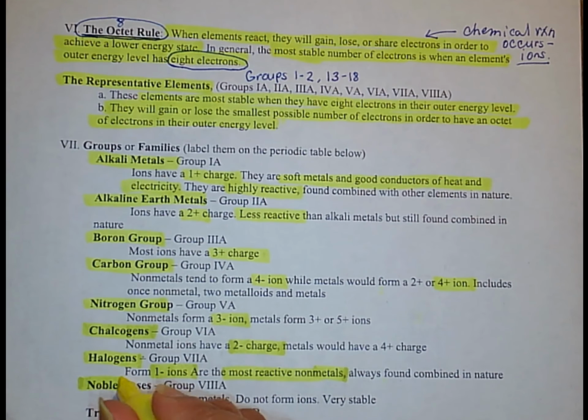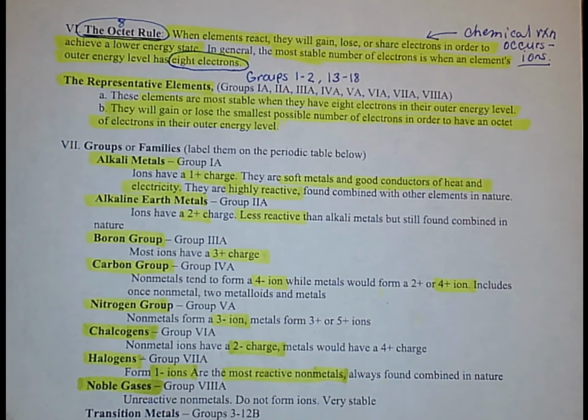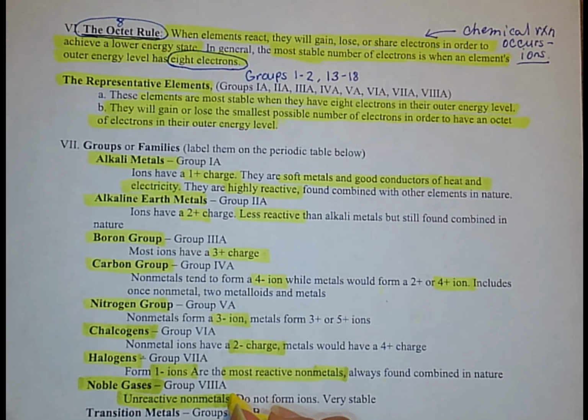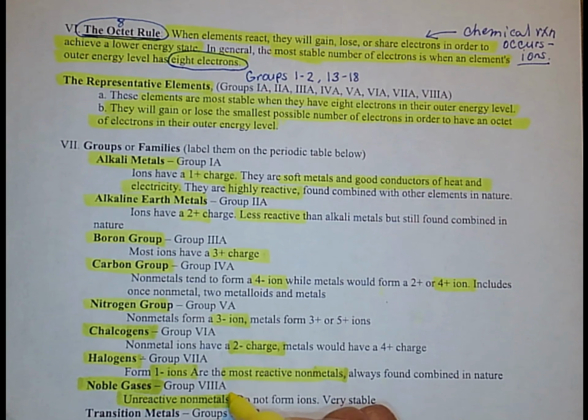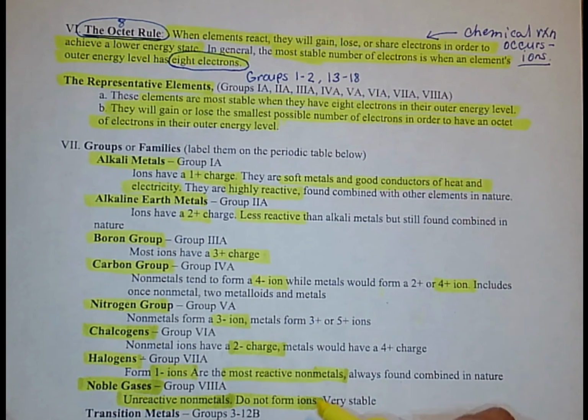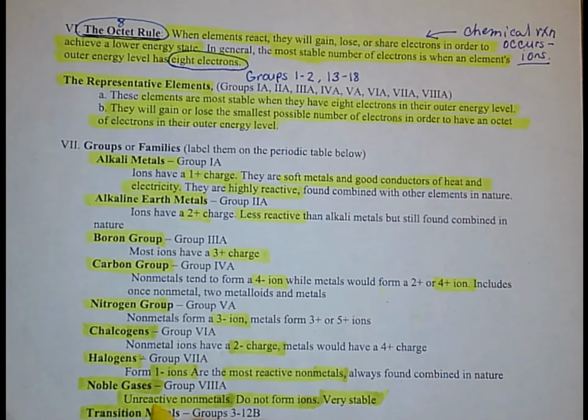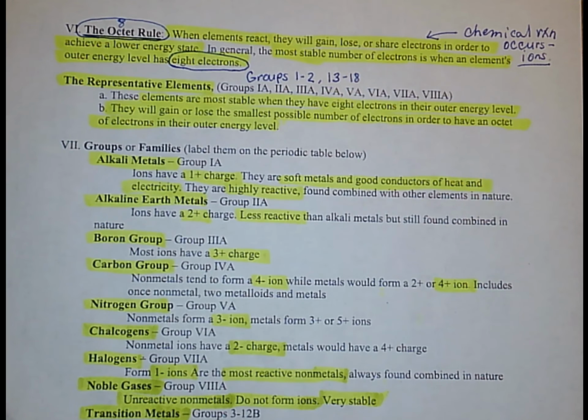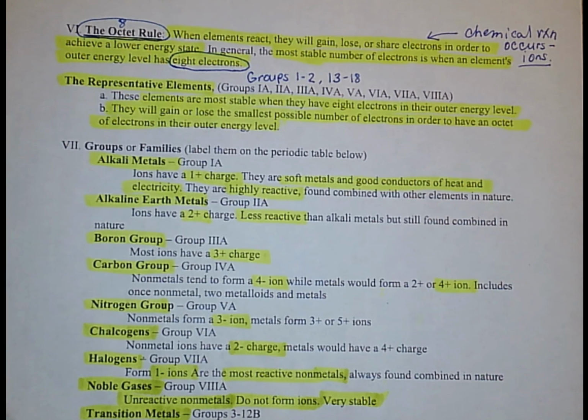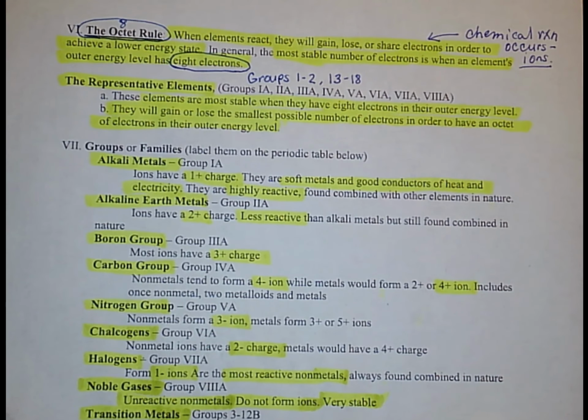Your noble gases are unreactive, and so they don't even have a charge at all, and they're extremely stable. Your transition metals, they have metallic properties, and they have more than one charge, but they're all positive charge.